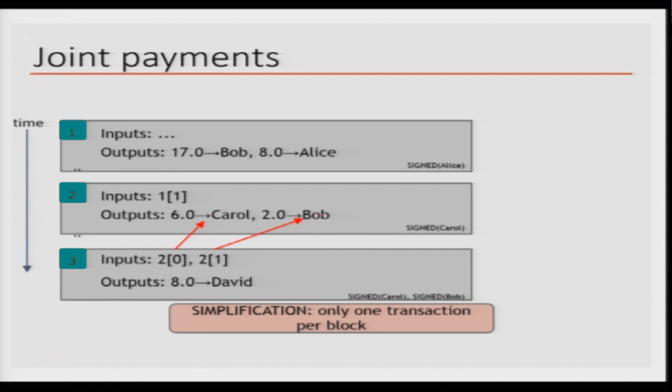Carol has 6, Bob has 2, and they together decide to give 8 to David. So, they can put in a joint transaction, but remember that they both have to sign this transaction, because Bob or Carol by themselves do not have the right to spend both of these outputs, right. So, they have to do a joint signing, and we will see how that works in a little bit.